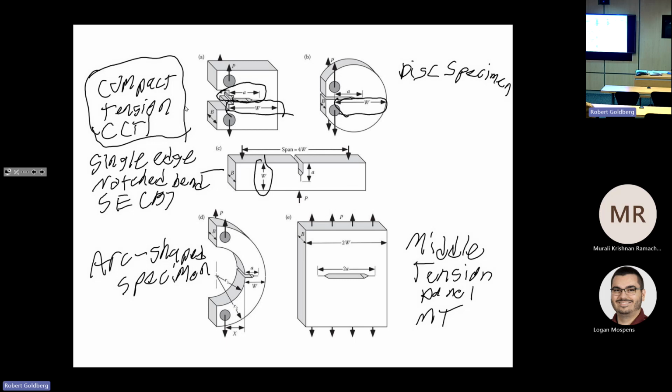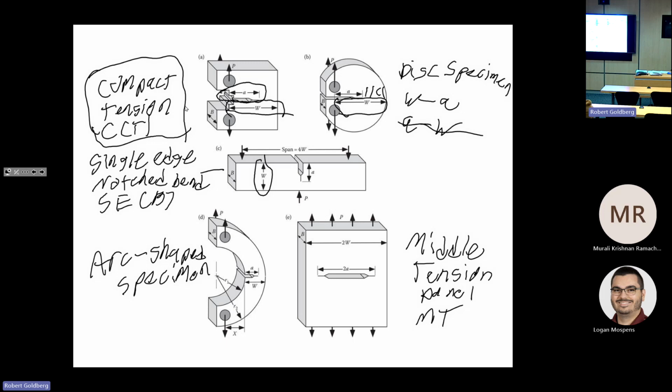And also, as we'll talk about, the width minus the crack length, basically defining the length between the end of the crack and the end of the specimen, is also something we'll be looking at.